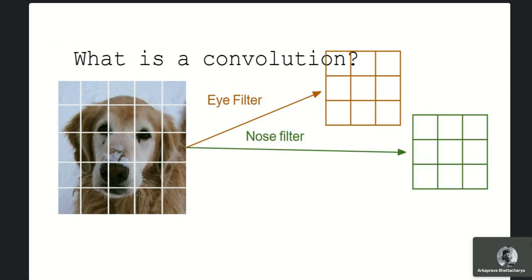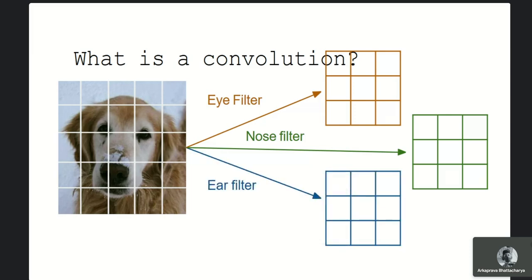Just like an eye filter, you can use a nose filter or an ear filter to detect where the nose is present, where the ear is present. So these filters are basically looking for features in your images. Convolution helps you extract features from your input image.